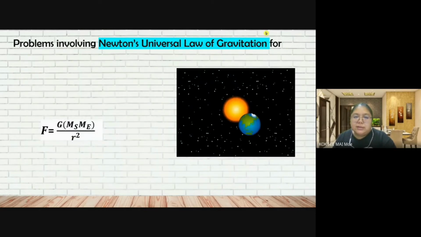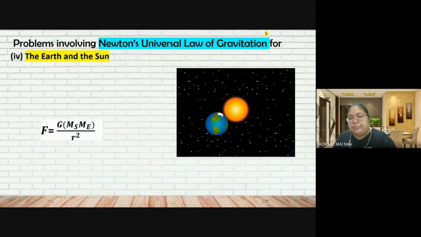Now we're going to see the last one, the Earth and the Sun. The Sun is the biggest. We mentioned an object in the Earth is the first situation. The Earth is here, the object is here, and then the center.